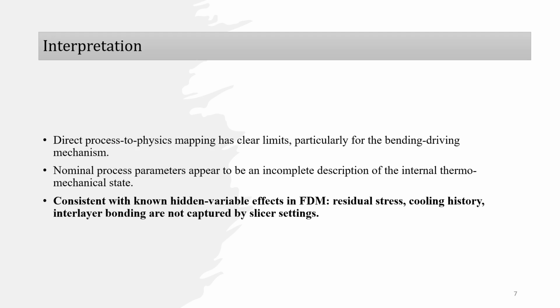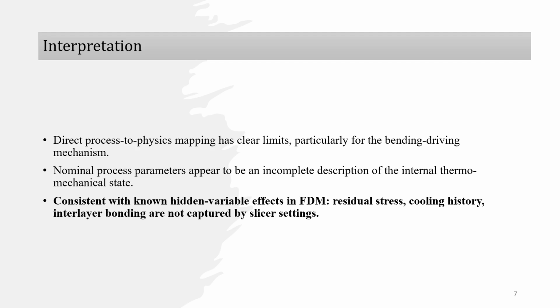Therefore, the weak predictability of delta alpha should not be interpreted simply as model failure. Instead, it indicates that the available process descriptors are incomplete. To predict bending more accurately, we may need additional measurements or physically informed descriptors that better capture the internal state of the printed beam.